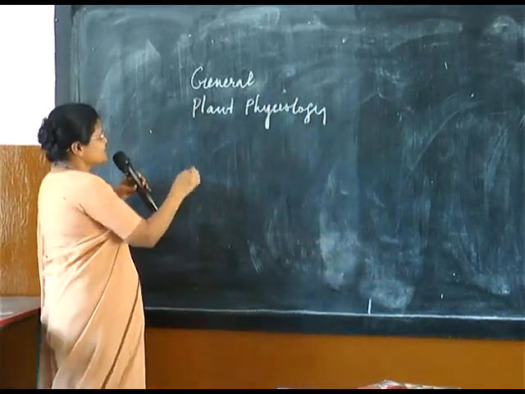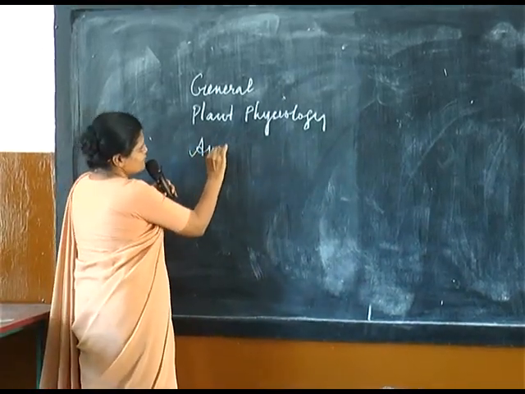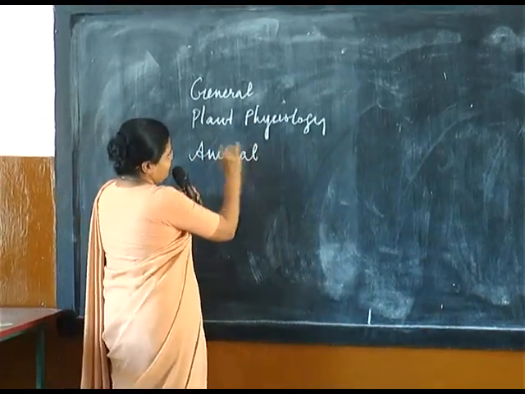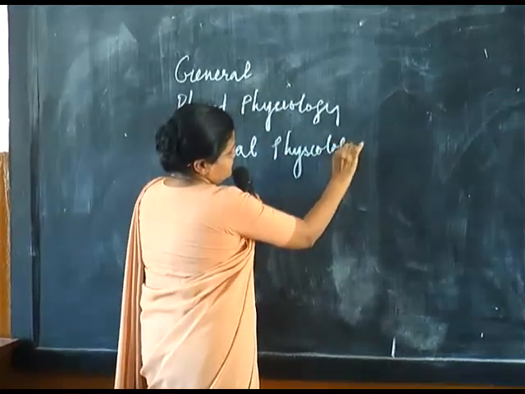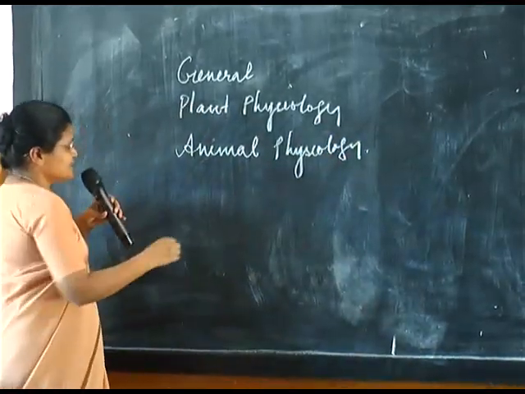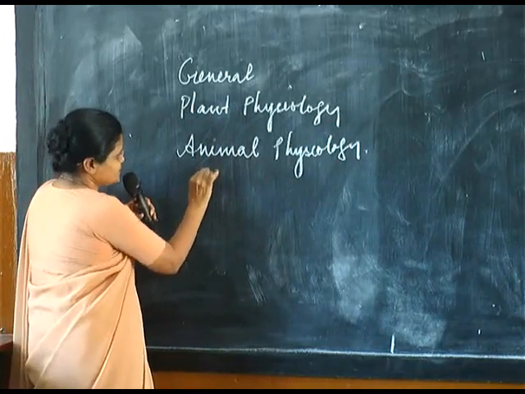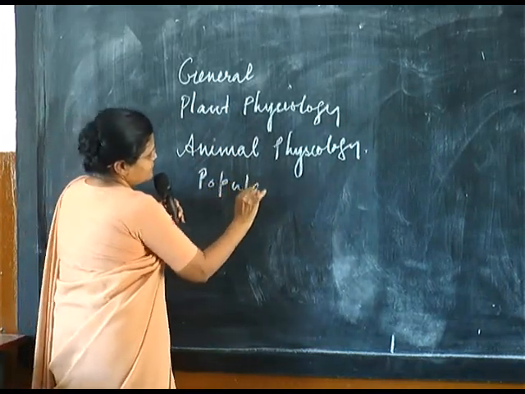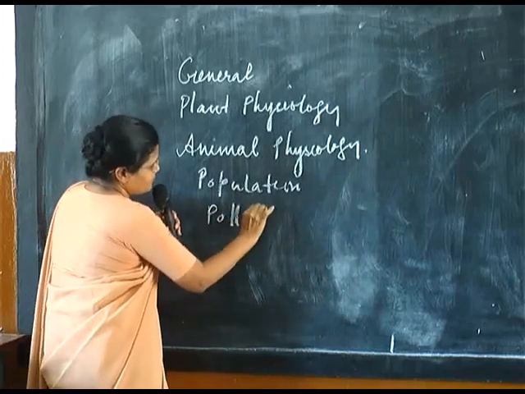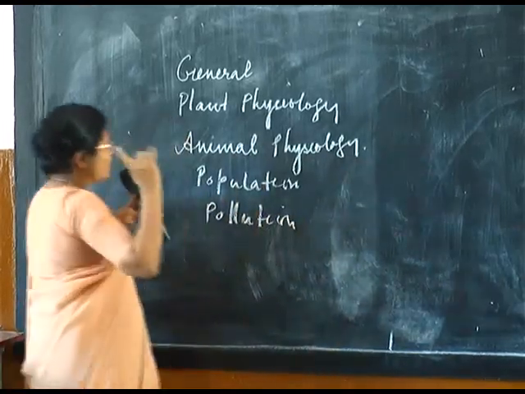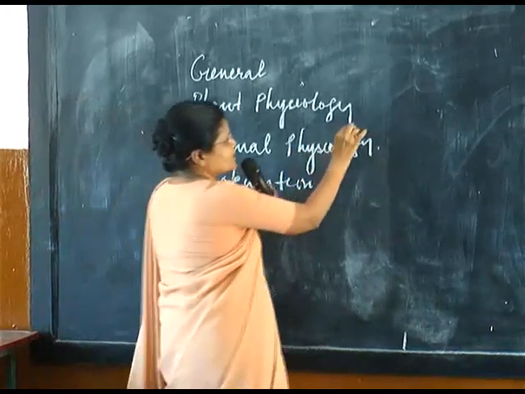The next 4 chapters refer to animal physiology. And the last ones are population and pollution. In between, you have a chapter called chemical coordinators.